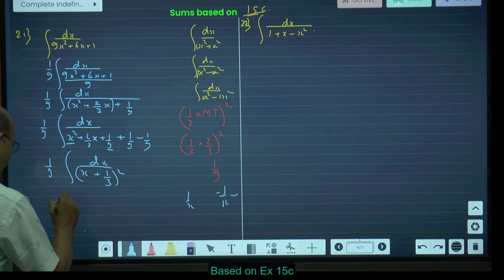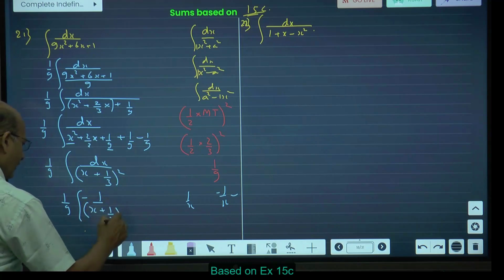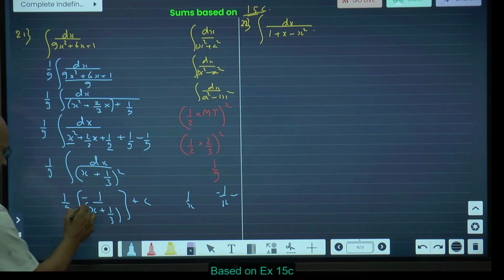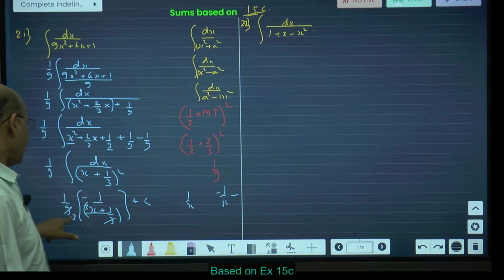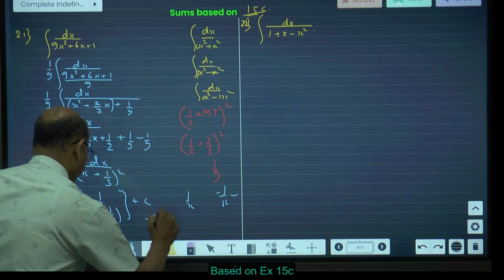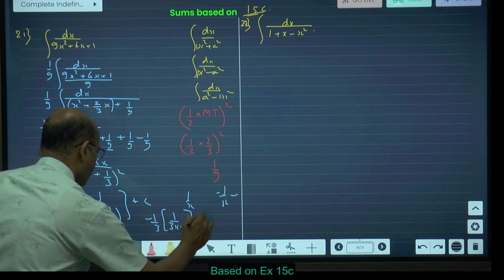So the integral of this is 1 by 9 into minus 1 upon x plus 1 by 3 plus c. You can simplify this now. This will become 3x here, LCM, 3 1s are 3, 3 3s are 9. So eventually it will be minus 1 by 3. So I will just write it here: minus 1 by 3, 1 upon 3x plus 1, plus c.